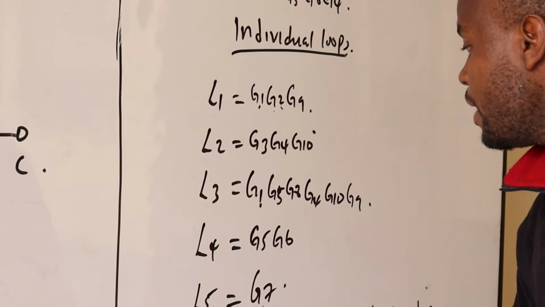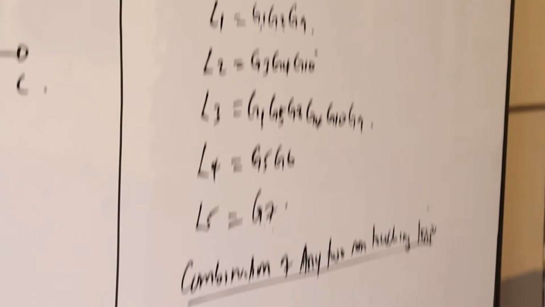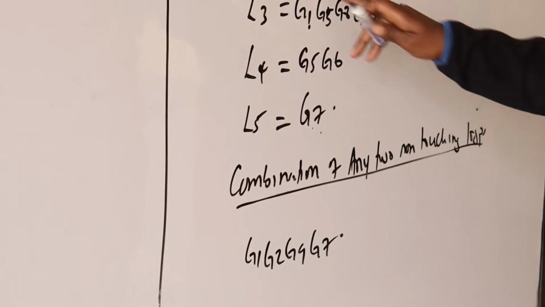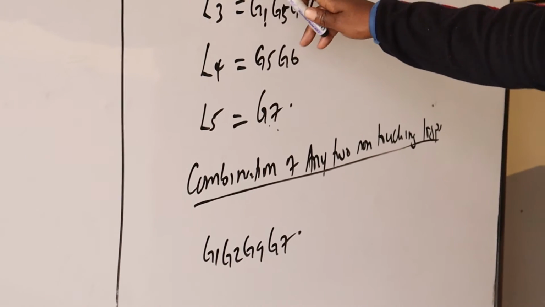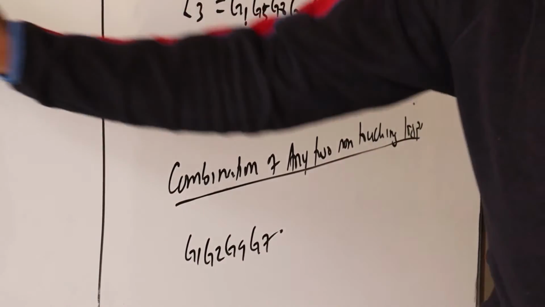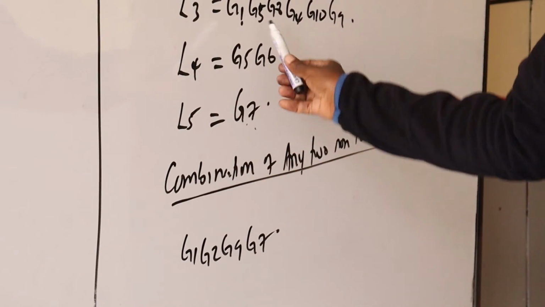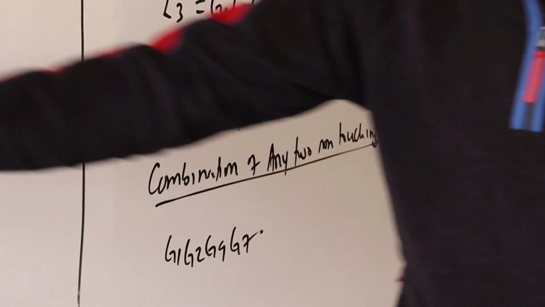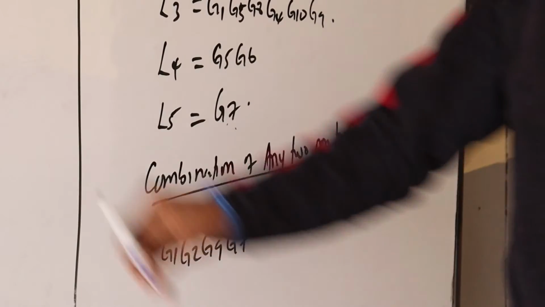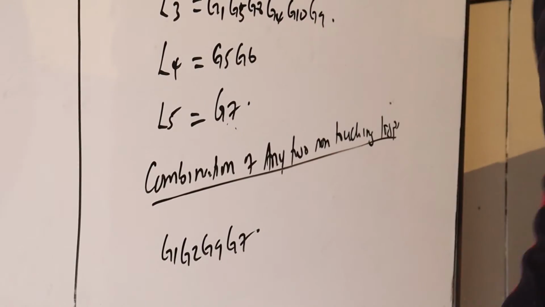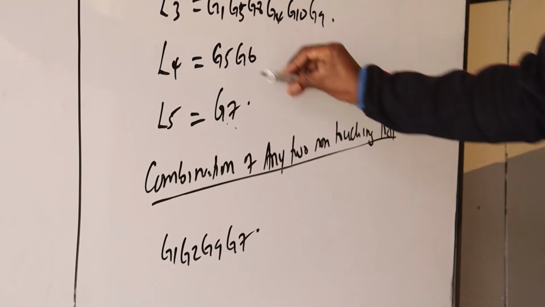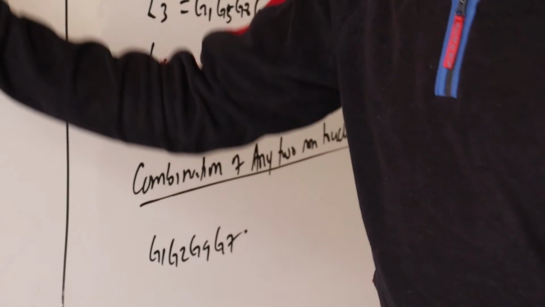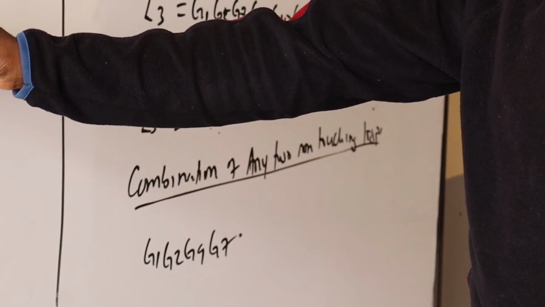We can go to the second one. We look for the second non-touching loop that we can see. We look at this loop and that. So G3, G4, G10, and we look at it vis-a-vis G1, G5. Of course, they have a common node somewhere. That is at G4. Then we look at that loop vis-a-vis this loop, G3, G4, G10 versus G5, G6.